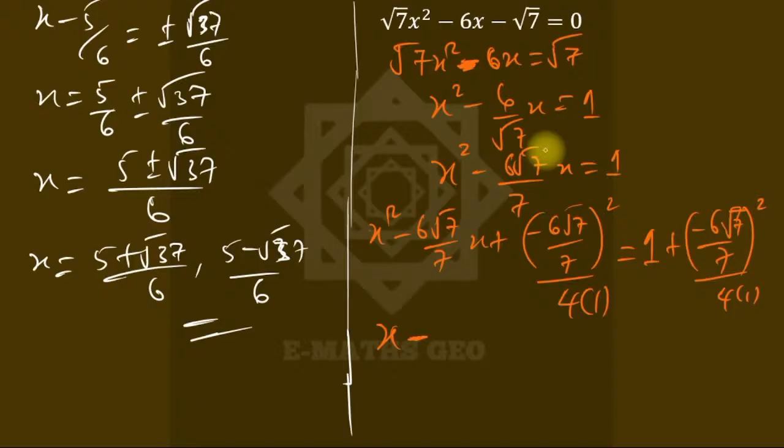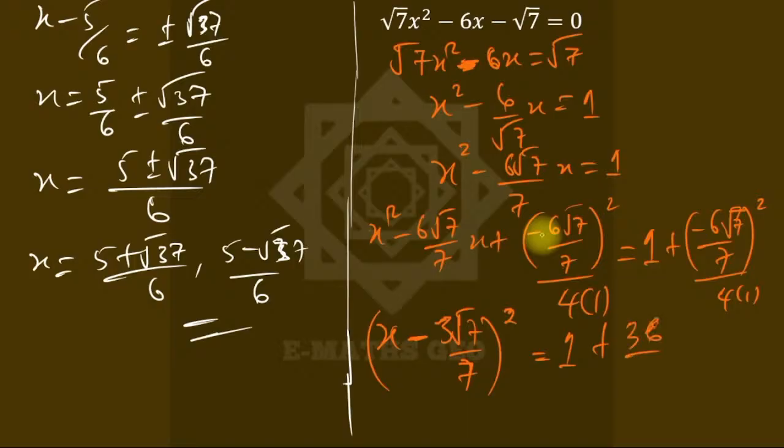The square root will be 6 root 7 over 7 over 2. The 2 will cancel 6, so I have 3 root 7 over 7, all squared, equal to this. We expand this one. 6 squared is 36, root 7 squared is 7, 7 times 7 is 49. So I have 36.